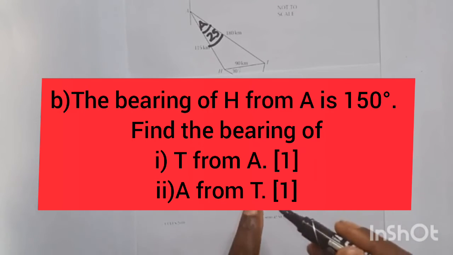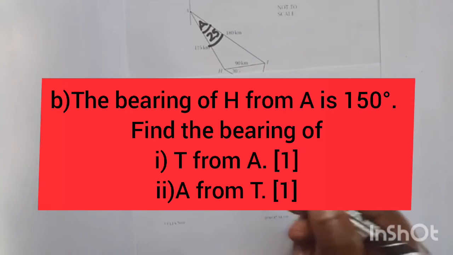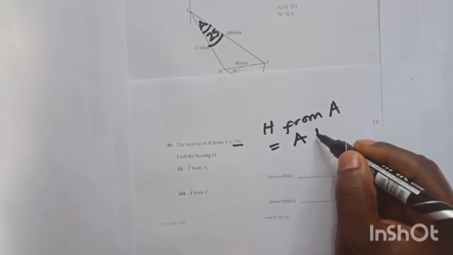So I need to sketch 150 degrees first. H from A is equal to A to H, which is equal to 150, right?